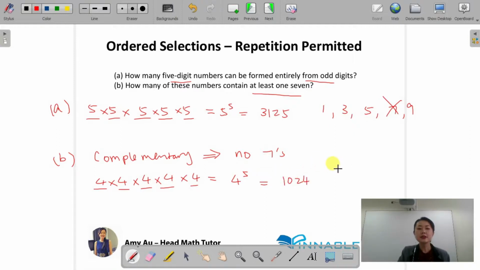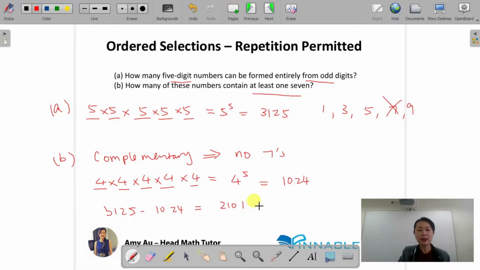Once we've calculated the complementary case, you take it away from the non-restricted version. In this case, the non-restricted version is the previous part, because we're still talking about numbers formed by odd digits only, but containing at least 1 7. Therefore the answer is 3125 minus 1024, which is equal to 2101.